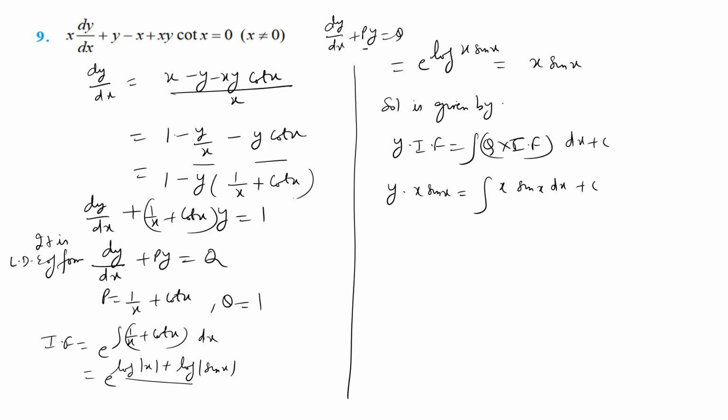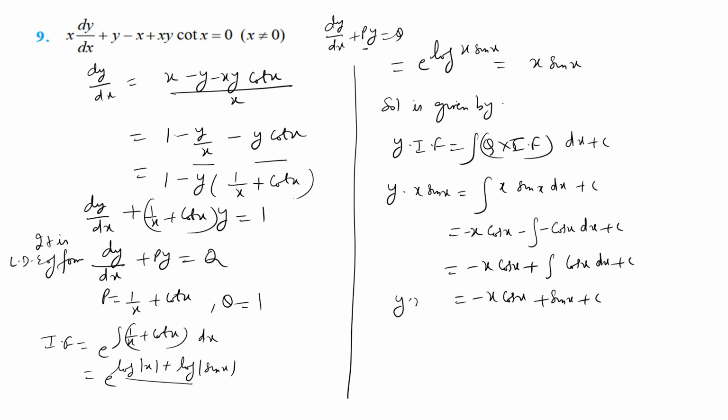Okay, so I will use integration by parts here. First function is x, integral of second is minus cos x. So it is minus x cos x plus integral of cos x dx plus c. This is minus x cos x plus sin x plus c.